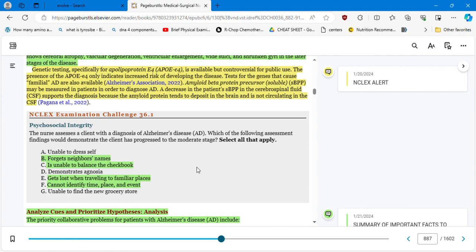And you can see that the right answers are forgets neighbor's name, is unable to balance the checkbook, gets lost when traveling to familiar places, cannot identify time, place, and event. You can go back and review the table with the 3 stages to understand these answers, and it's very important that you get familiarized with the 3 stages.